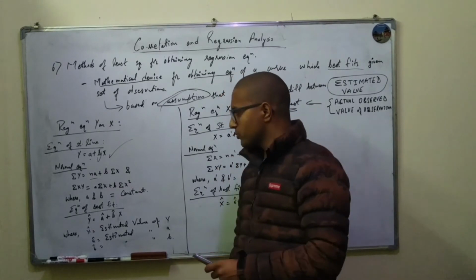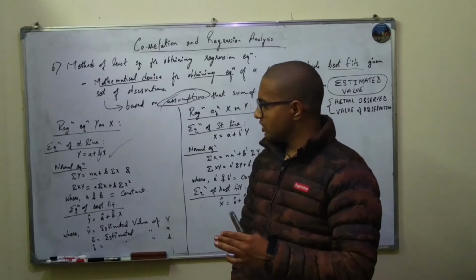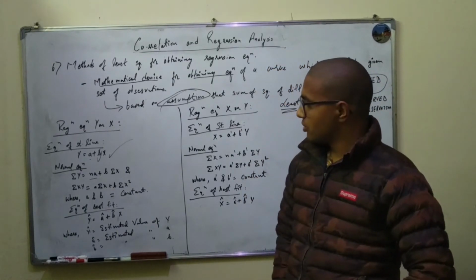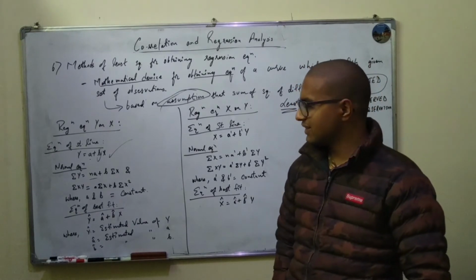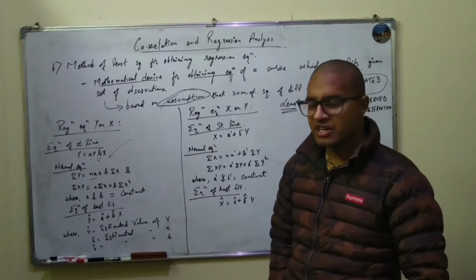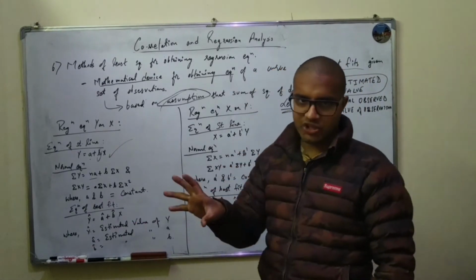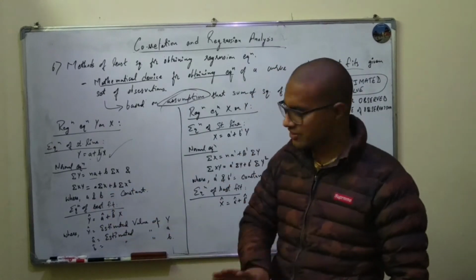So what we will get is summation xy is equal to a summation x plus b times summation x square. Where a and b are constants, they do not really change.